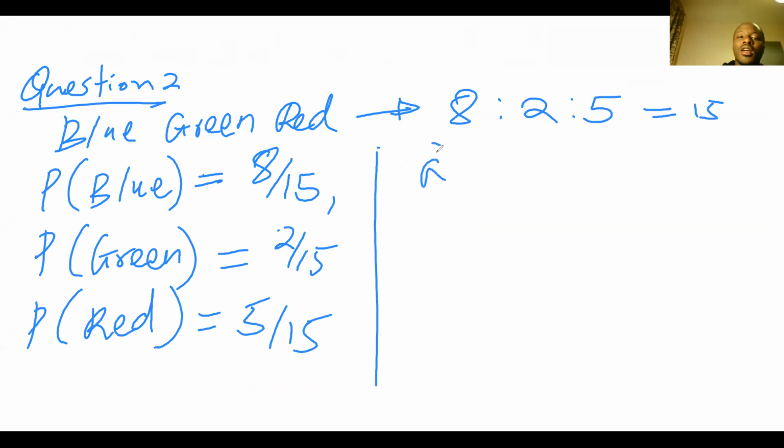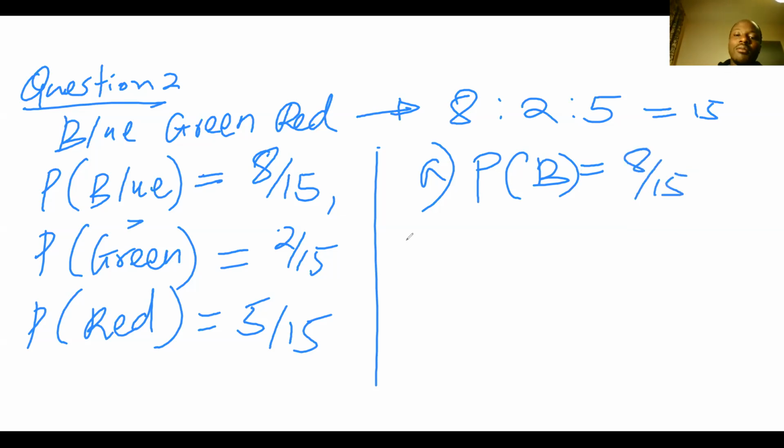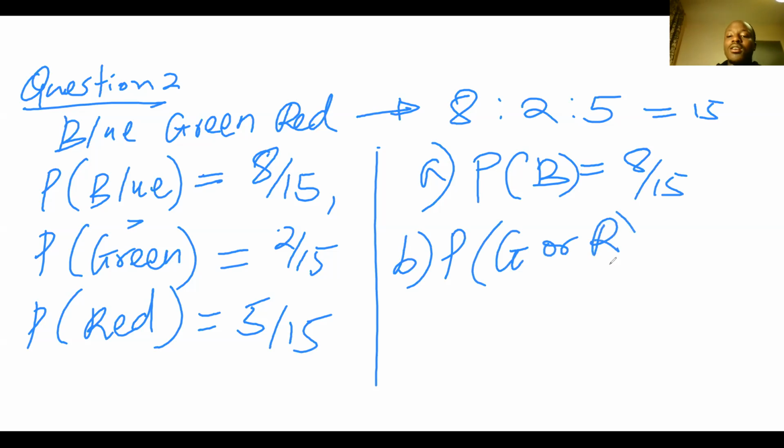So we have said A, the probability of a blue is 8 over 15. Then B, the probability of getting a green or a red.